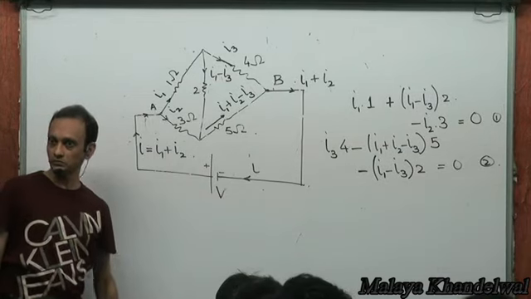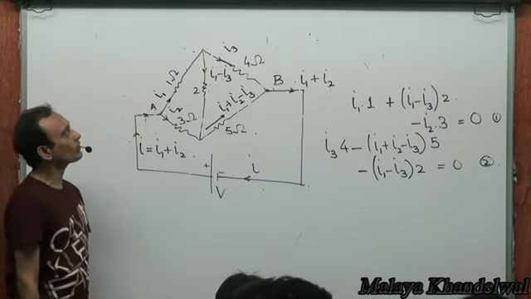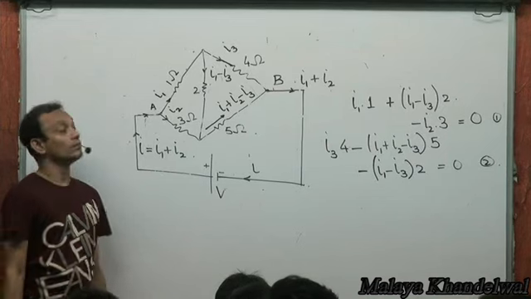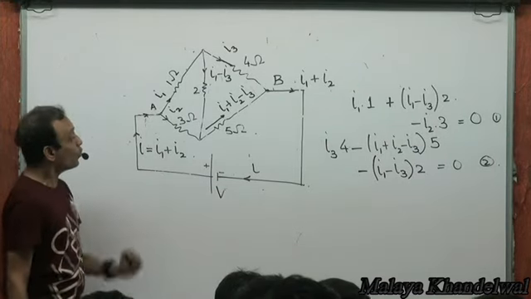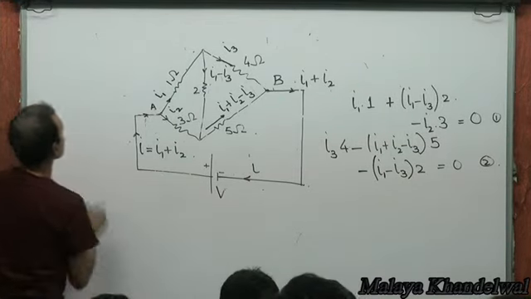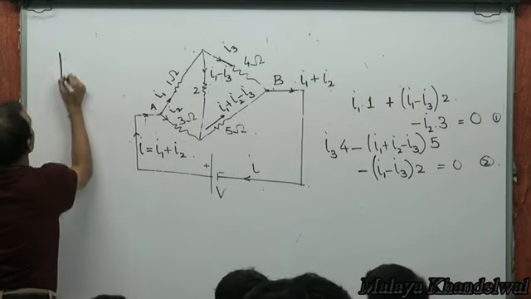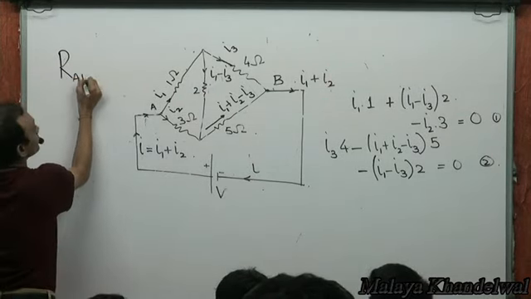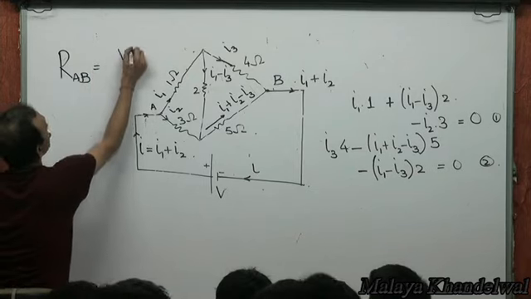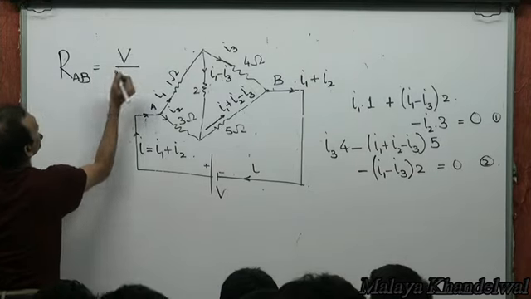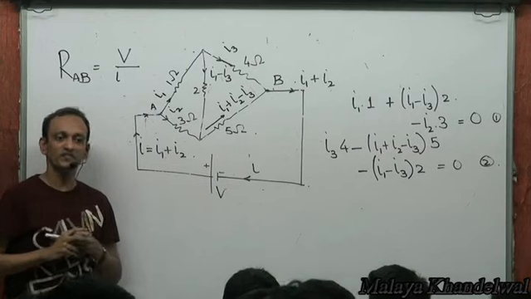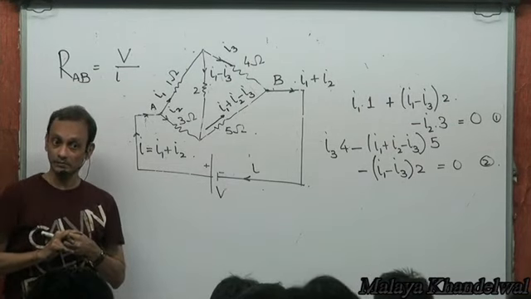Right? Now what I am seeking is the equivalent resistance across A and B, which is V divided by I. Right?